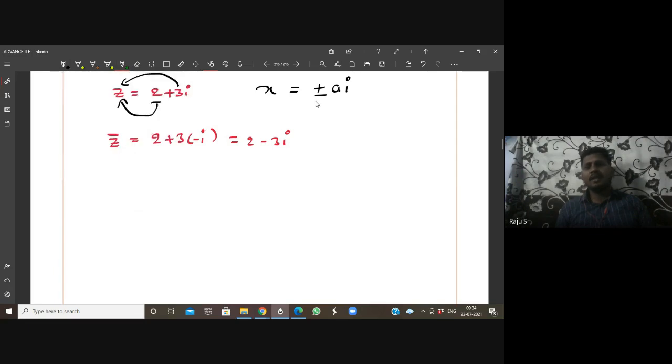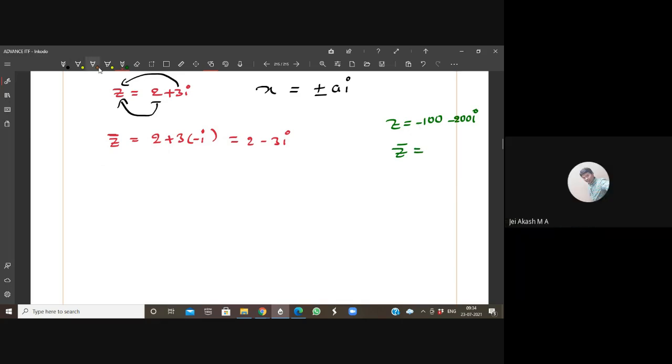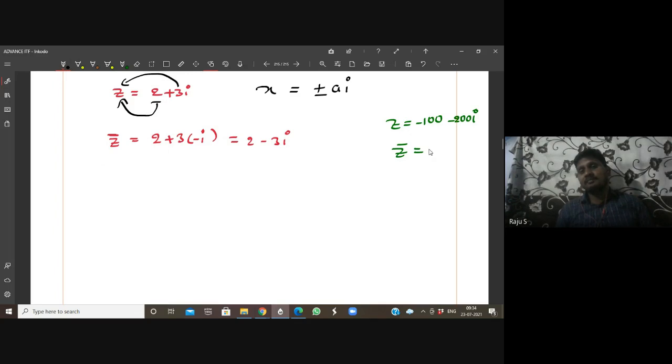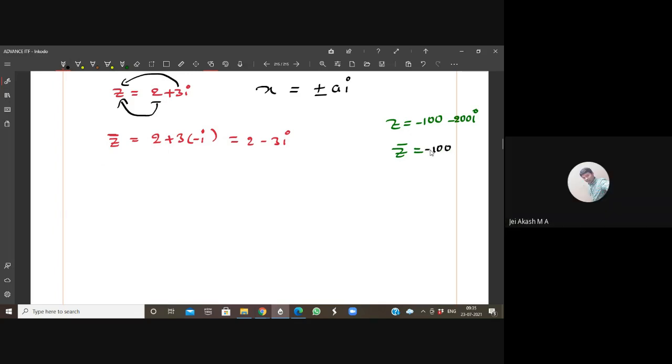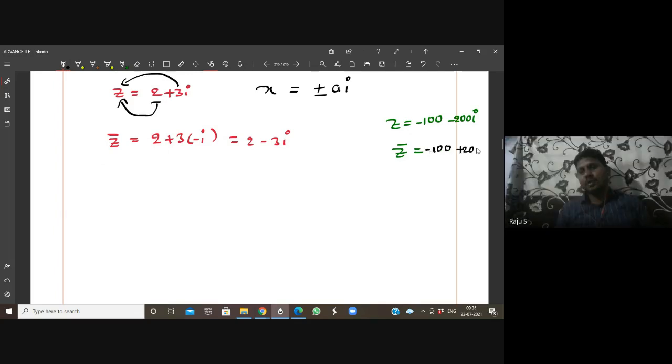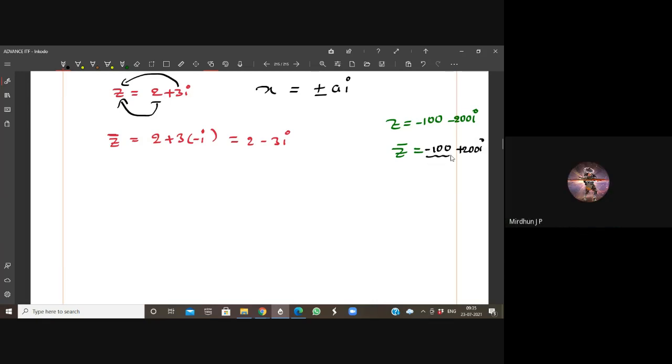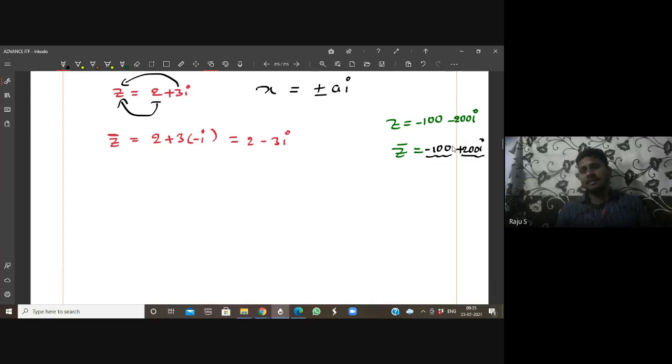So if I take z is equal to 100 minus 200 iota, can you tell me what is z conjugate? Minus 100 plus 200 iota? Minus 100 or plus 100? Plus 100 plus 200 iota. Exactly. Don't change the sign of the real part. Only the sign before the iota changes. Only iota becomes minus iota. So this is the conjugate.